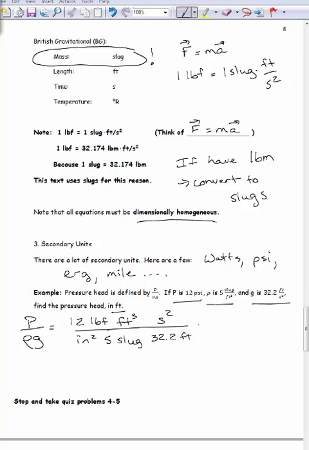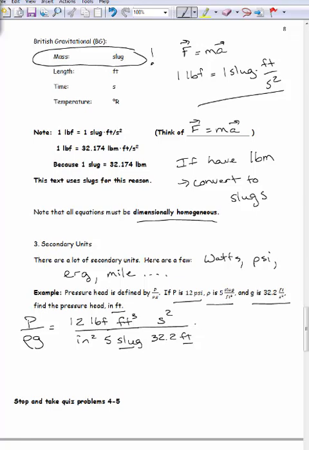All right, so if I look at this, I see inches squared and I see feet. One thing that I do see here that makes me really happy is I see a slug, which is mass, times a foot per second squared here. All that is in the same form we need to get F equals ma, which is this up above.